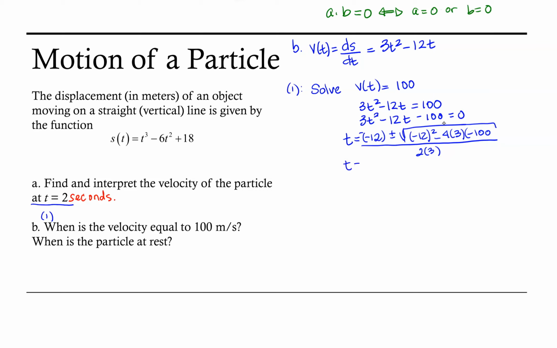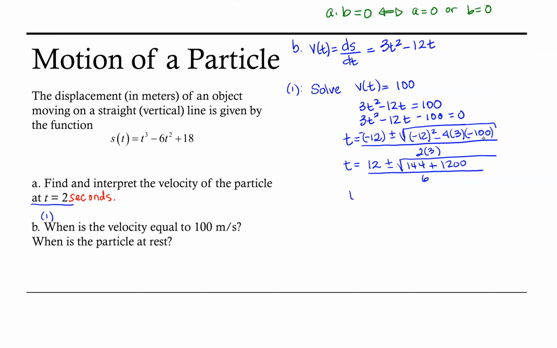So that means t is equal to, this now becomes a positive 12, plus or minus the square root of negative 12 squared is 144, plus, we've got a minus and then the negative 100, so that becomes a plus. And then we've got 4 times 3, which is 12, times 100, so that's 1200, all over 6.